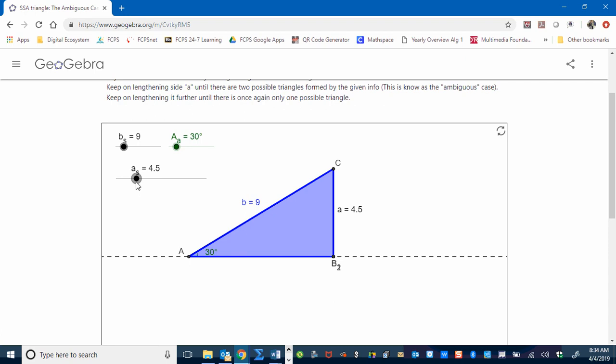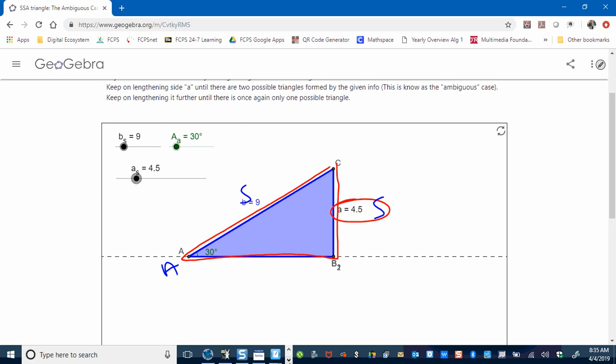What if A is 4.5 in this case, not always, but what if A is 4.5 and it creates 1 perfect triangle? Okay, so this is why angle, side didn't work in geometry, because there's so many different things that could happen when you're given an angle, a side, and a side. There's 3 things. You can have 2 triangles, 1 triangle, or no triangle.